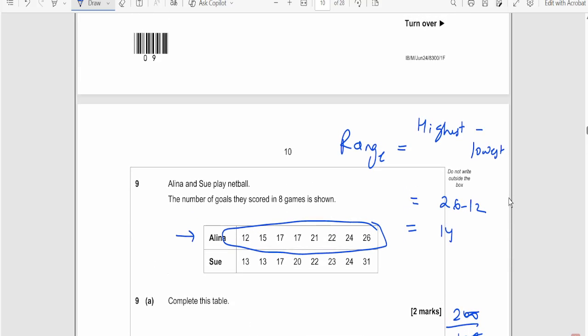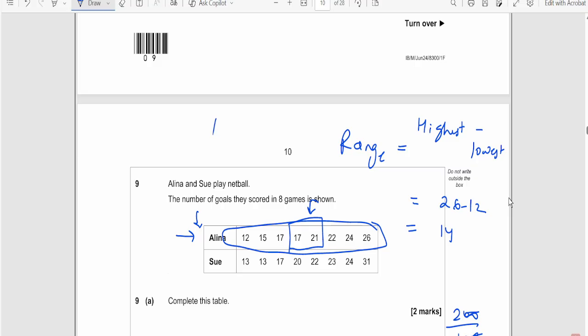And what is the median for Alina's score? Do you mean Sue's one? Yes, there are two values in the middle, because median means middle value. So what would you do?